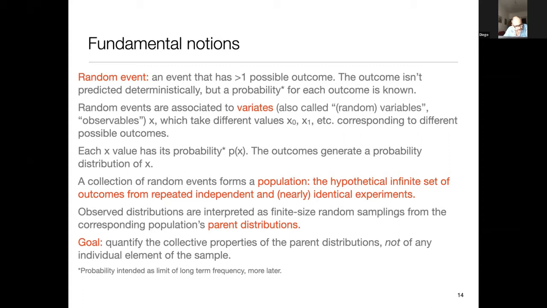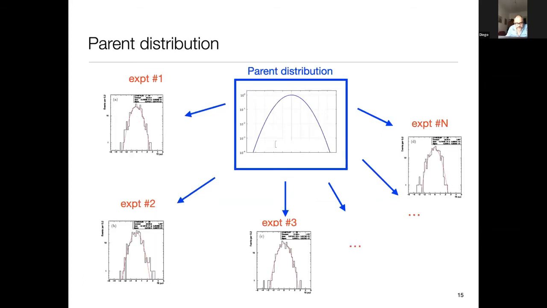And one of the important goals here is to quantify the collective properties of the abstract distribution, the parent one, using the observed distribution, the one that we see. So this looks a little bit esoteric, perhaps, but it's actually easy. You can think of it as in this sketch here, where you have a parent distribution that, as you see, is very smooth because it has ideally infinite entries.